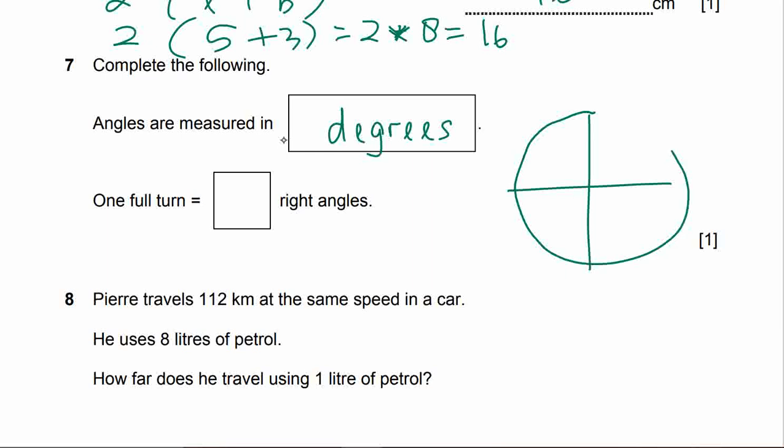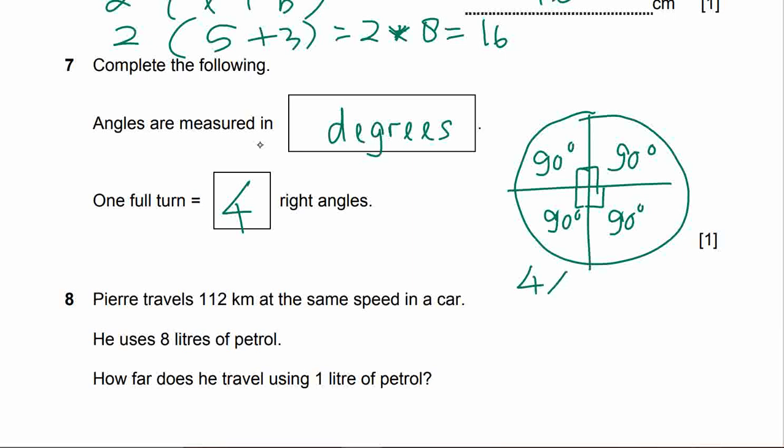The whole circle can have 1 and 2 and 3 and 4 right angles. So we have 4 right angles. Because a right angle is 90 degrees, and 4 times 90 equals 360. That is 1 full turn.